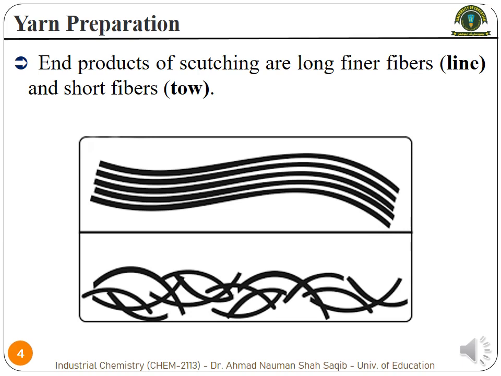But in the textile industry, we just differentiate them based on their length and how fine or coarse they are. So the coarser fibers of short length are known as tow, while long and finer fibers are known as line.